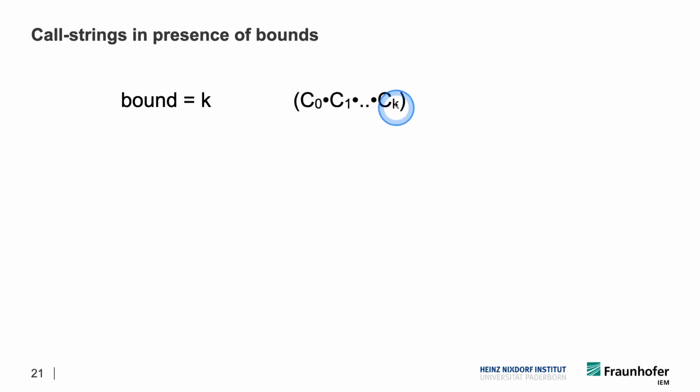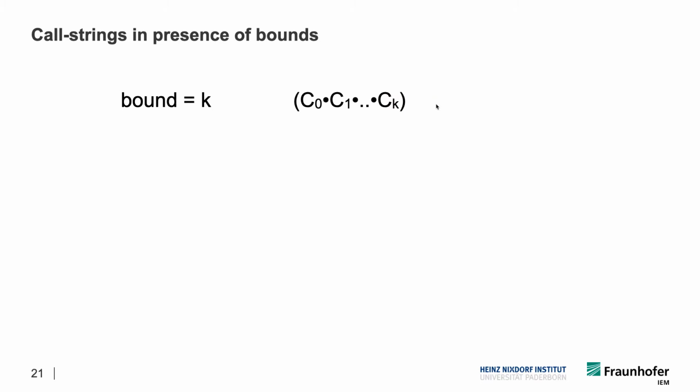Let's assume we have such a calling context string here attached to some data flow fact, and we have a bound k. Now here you can see that we have already k plus 1 frames, right? And let's assume that the bound k means that we want to stick with these k plus 1 frames. So the first one basically doesn't count.